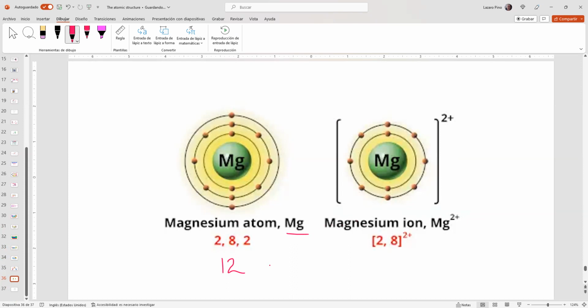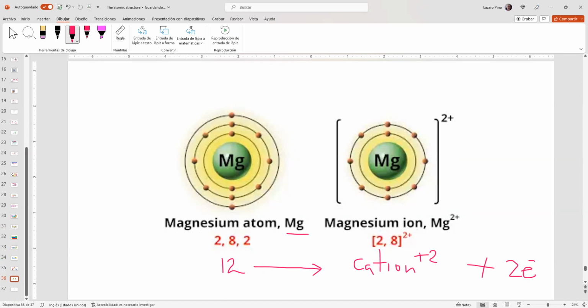But when the atom of magnesium loses 2 electrons, it makes what we call a cation. That is positive 2, because it has 2 electrons less, so it has 2 protons more than electrons, plus the 2 electrons that are released.